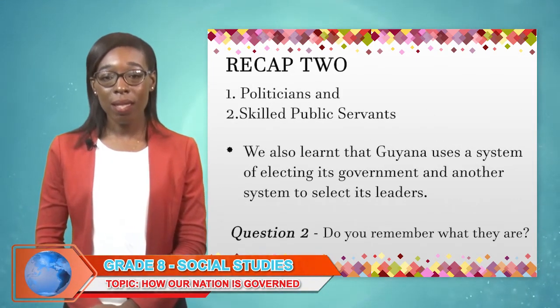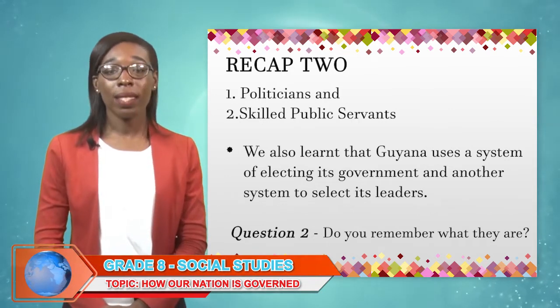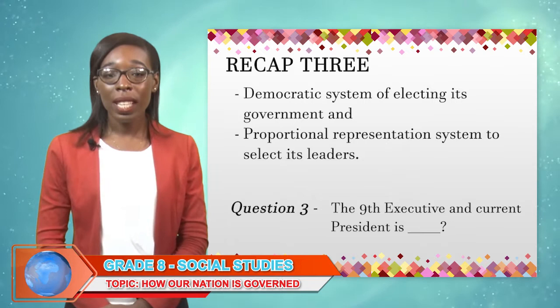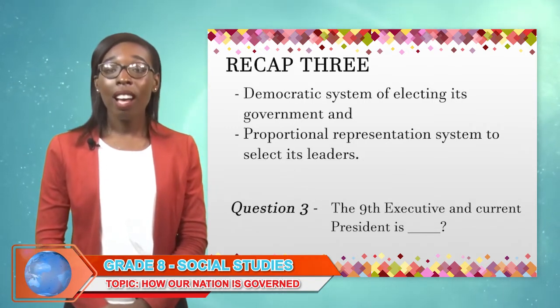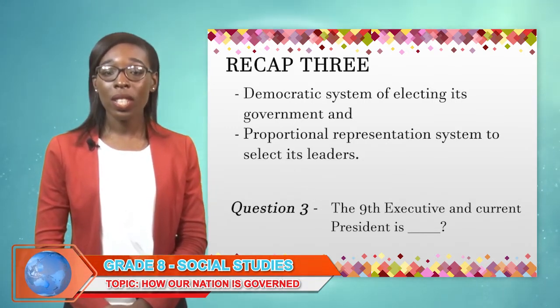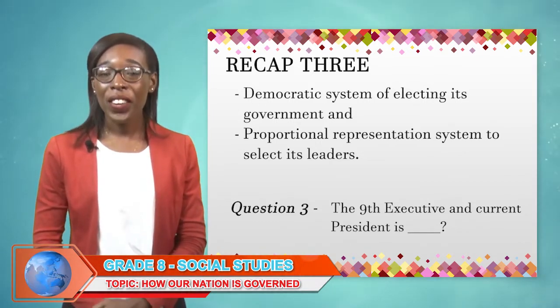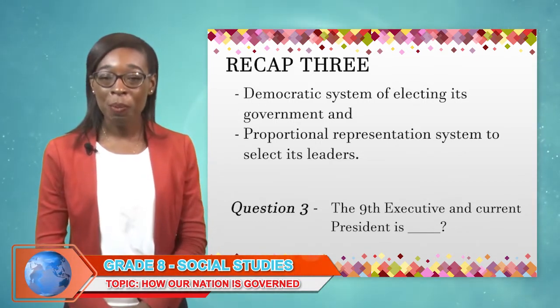Making your guess? Alright. If you said a democratic system of electing its government and proportional representation system to select its leaders, you are correct. I'm so proud of you.